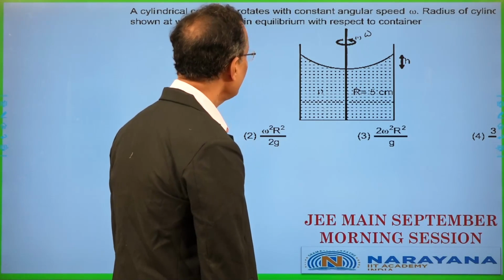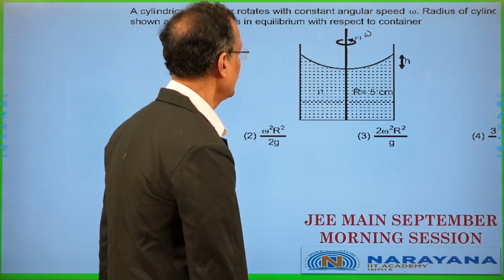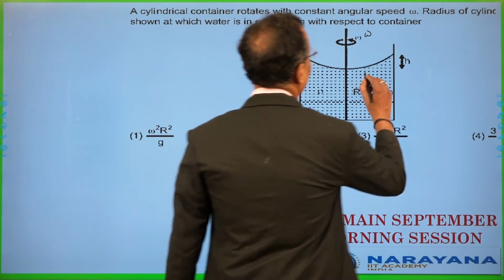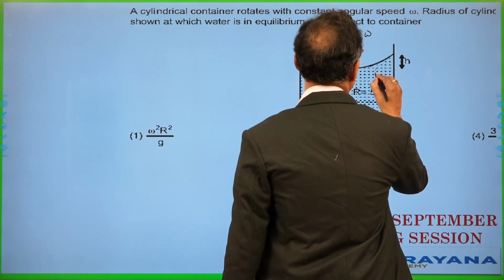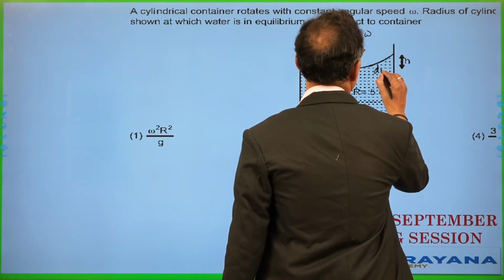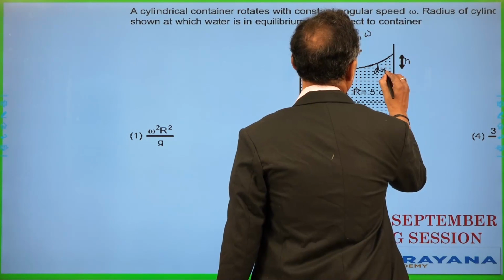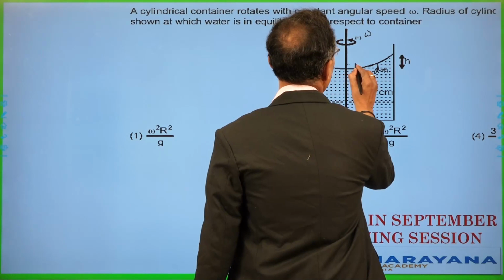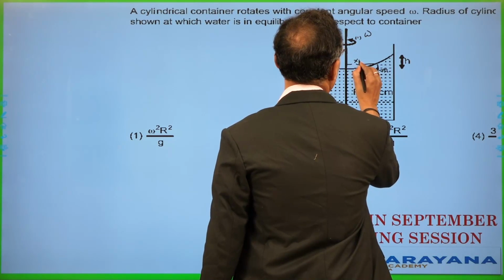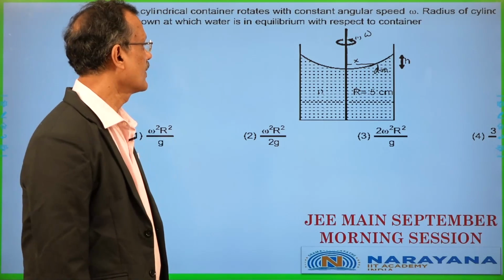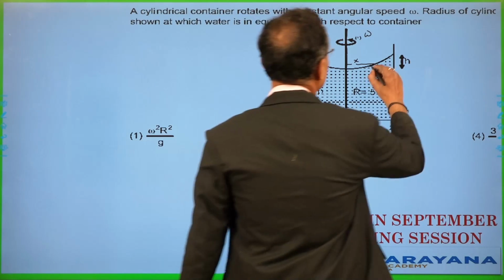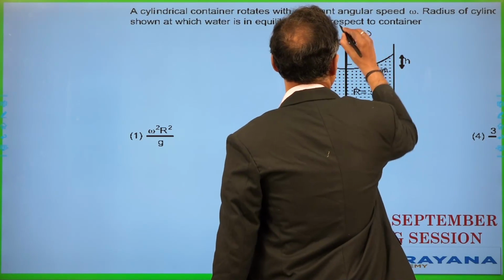Clear? If you have to find that height h, take a small liquid element. I am taking dm here. Okay, this will be rotating in a circular path. Let us take x, its radius, here.